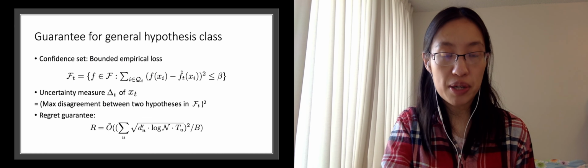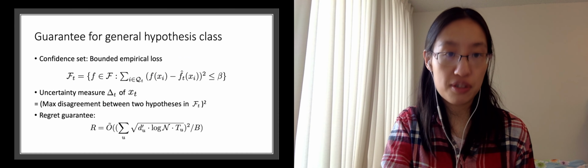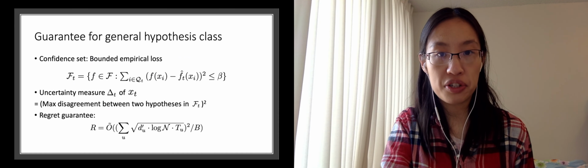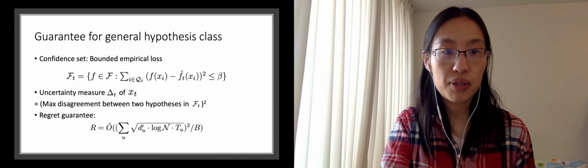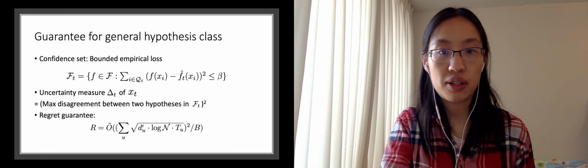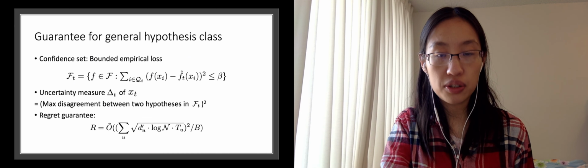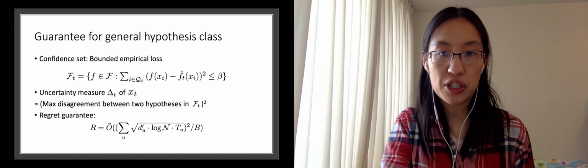Then the uncertainty measure delta t for xt is just the square of the max disagreement between any two hypotheses in the confidence set. We also provide a similar regret guarantee that is in terms of the eluder dimension, the log covering number, tu for each domain, and the budget B.